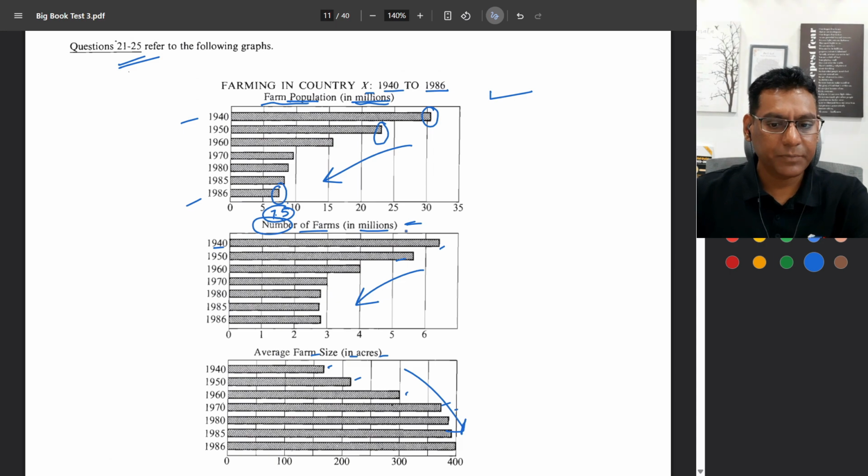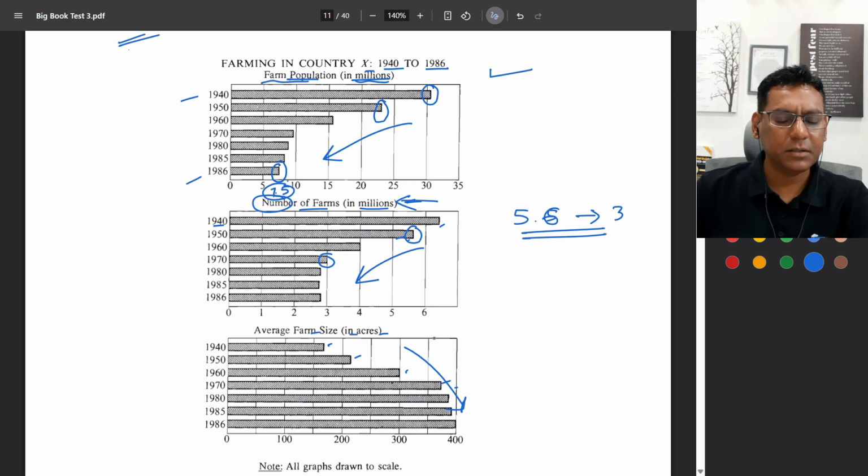The decrease in millions in number of farms from 1950 to 1970 was what? Number of farms, that is this graph, decrease from 1950 to 1970. So my decrease was from here to here. What is this number? This number seems to be something like 5.5 or 5, maybe a little more than 5.5. So let's say 5.6. So it went from 5.6 million to 3 million.